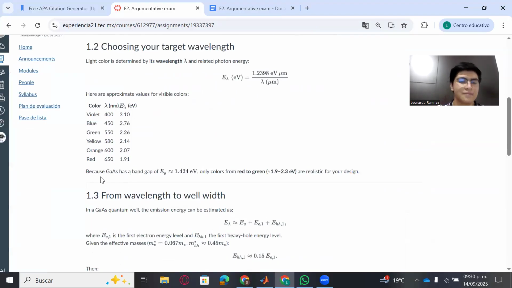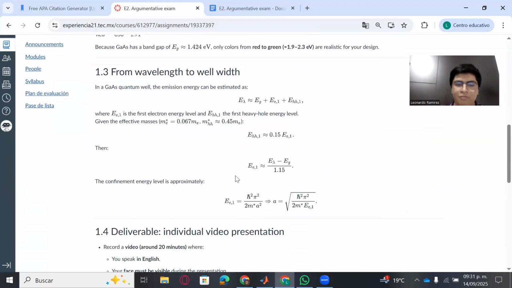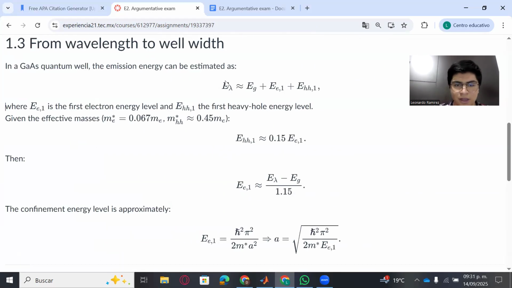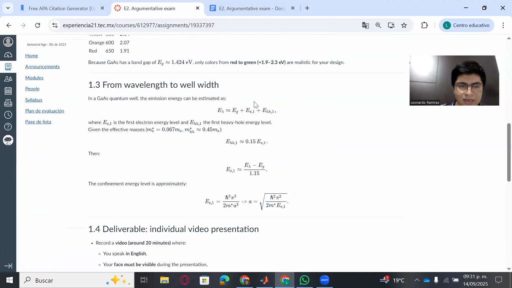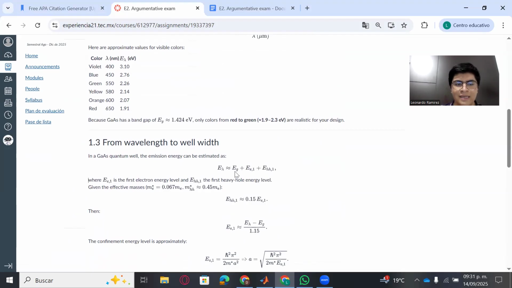So we have the following value of the band gap of gallium arsenide here. It's given in eV. And we also have the emission energy formula estimation, where it is important to know that this is the energy in the wavelength. This is the energy in the band gap. This is the energy in the first electron energy level.